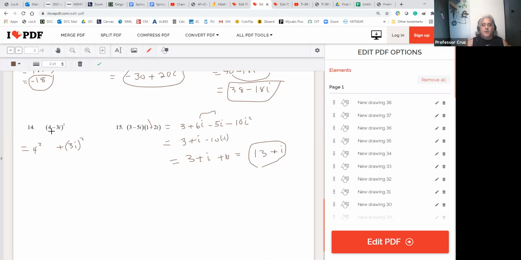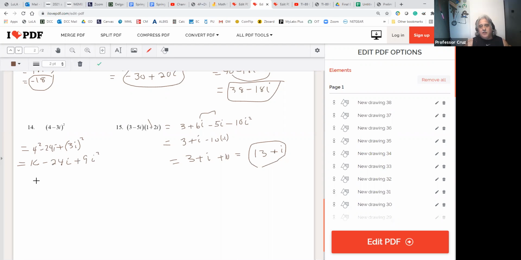And then it's 4 times 3 is 12. Same sign. And 12 times 2 is 24i. So this is 16 minus 24i plus 9i squared. This is going to become that negative 1.